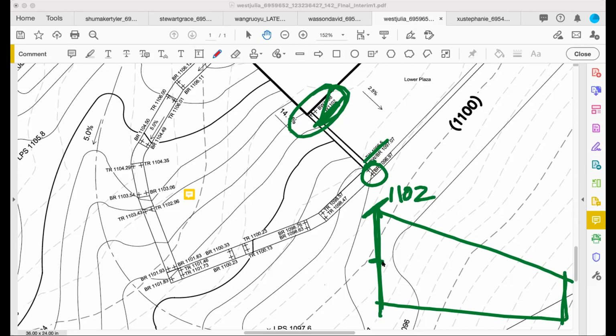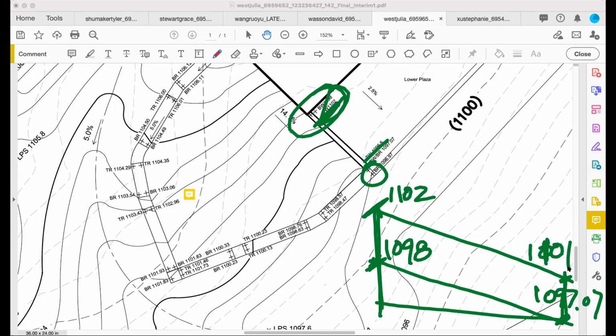and well, yeah, honestly, this is that 1098 B wall there, and you have this at 1097.07, and this could become 1101 if you want to design it as approximately 4 feet high or 3 feet high.